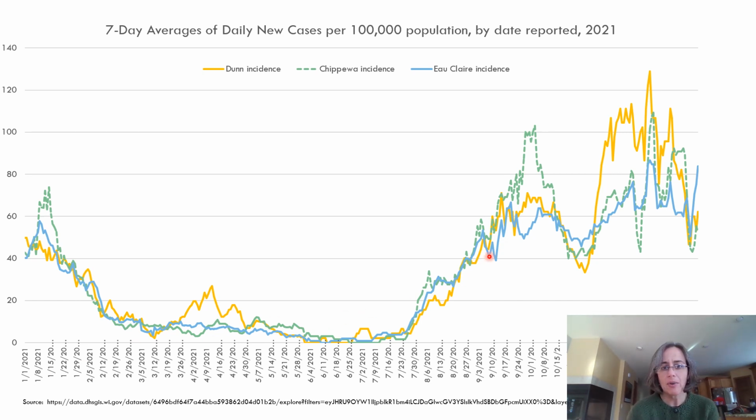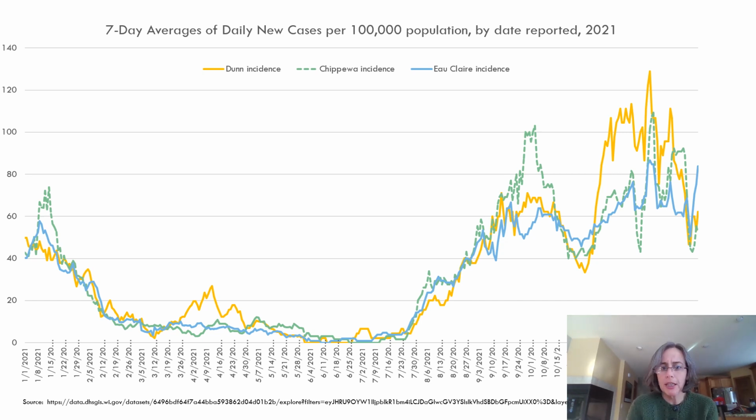We see that Eau Claire now is one of the lower counties, and that Dunn County, in terms of the rate per population for its size, had more COVID-19 cases than the other area counties. So again, look at rate, and make sure it's adjusted for the population.